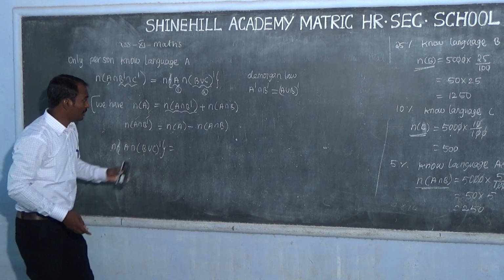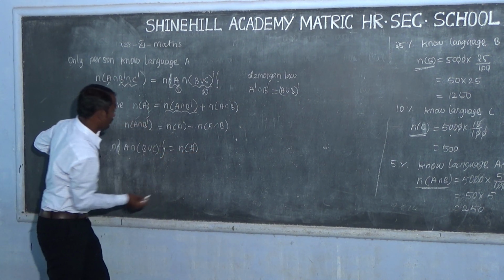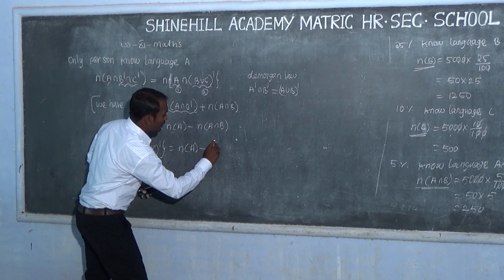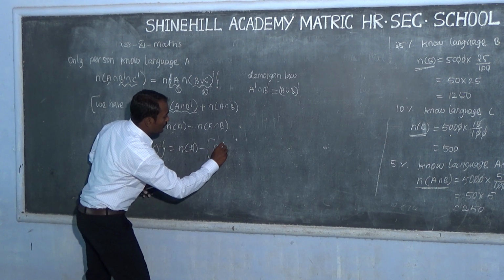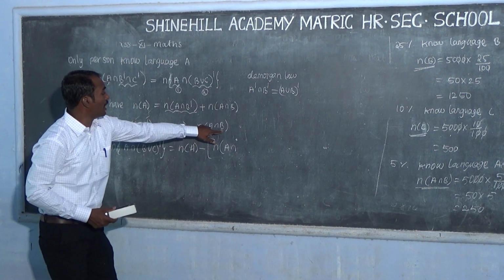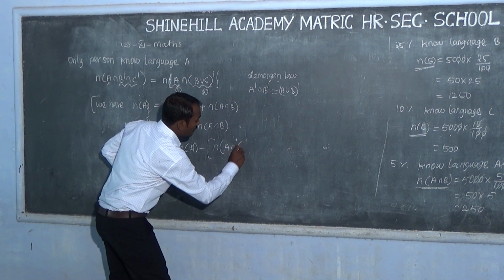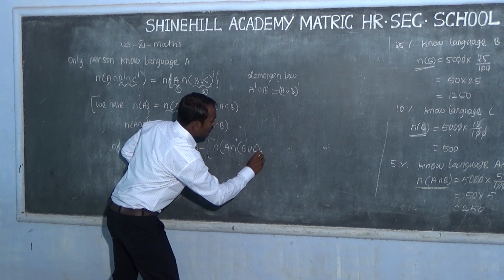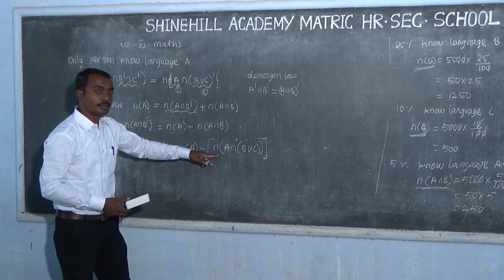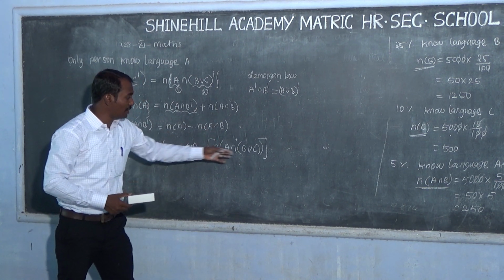We can write this value as n of A minus n of A intersection B, where the B value is B union C. So here I write B union C. Yeah, I use this formula, then I write this step.